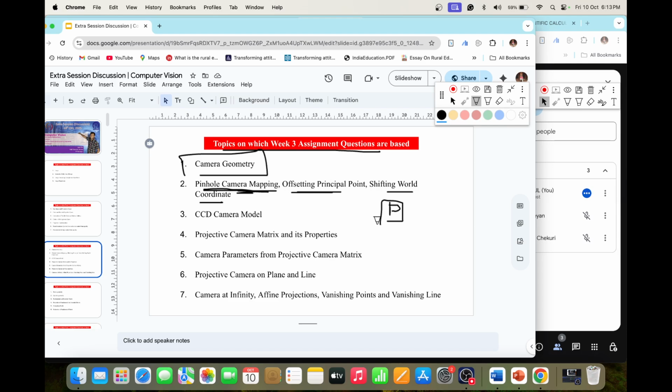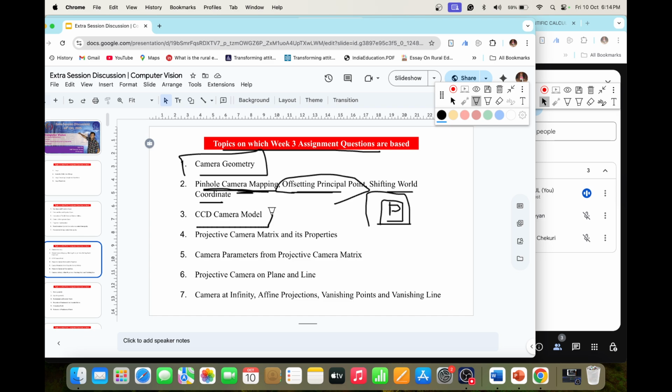So I am telling you that the projective camera matrix is different for a simple pinhole camera. Then for the offset principal point, we have a slightly more complicated matrix than the pinhole camera matrix. For shifting the world coordinate, again we have a slightly more complicated matrix than the offset principal point camera matrix. Again you can just see it.